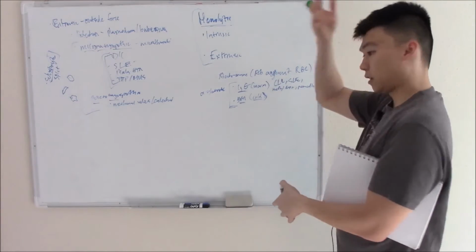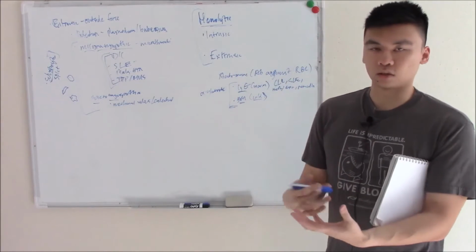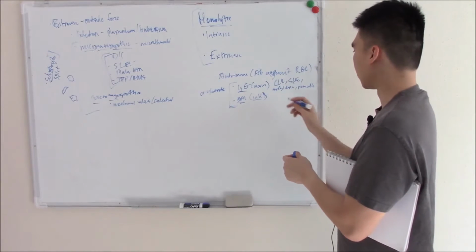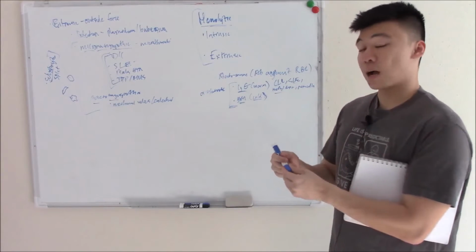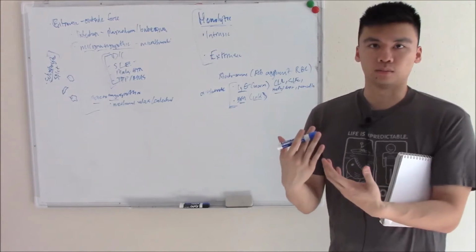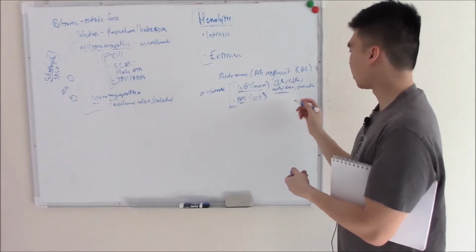So CLL, chronic lymphocytic leukemia, seen in older patients, you see that smudge cell. SLE, we've talked about that already. Methyldopa is an antihypertensive drug seen in pregnant women, so they might give you a question about a pregnant woman who has hypertension and is given a drug and develops these autoantibodies.